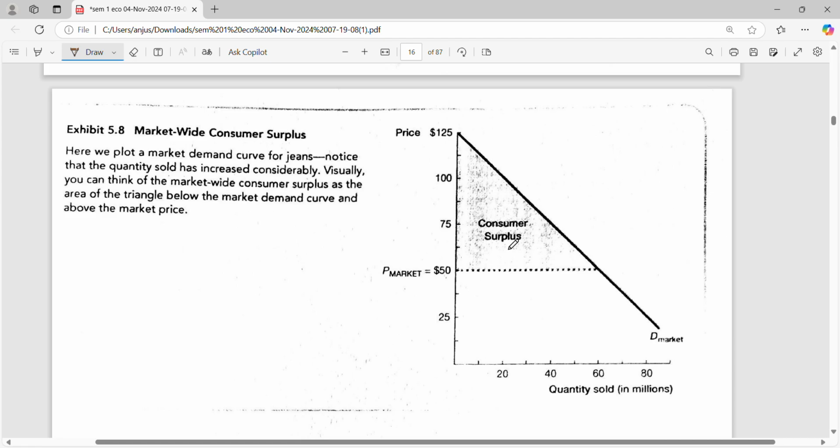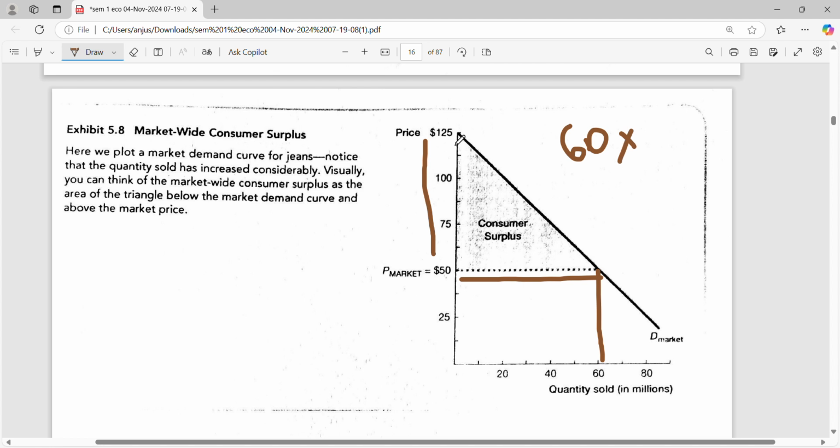Consumer surplus is calculated as the base of the triangle multiplied with the height of the triangle divided by 2. So here you can say the base of the triangle is 60, multiplied with height.